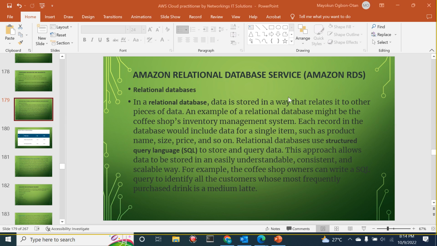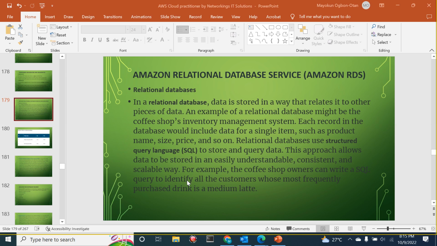In a relational database, data is stored in a way that relates it to other pieces of data. An example of a relational database might be the coffee shop's inventory management system. Each record in the database would include data for a single item, such as product name, size, price, and so on. Relational databases use structured query language (SQL) to store and query data.